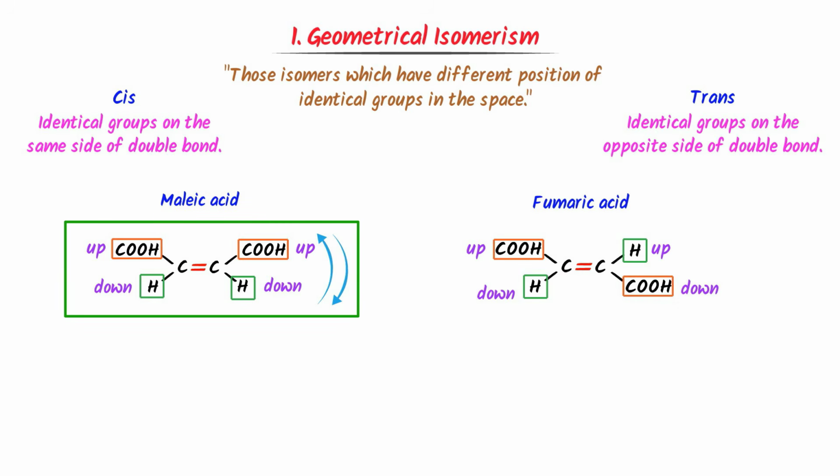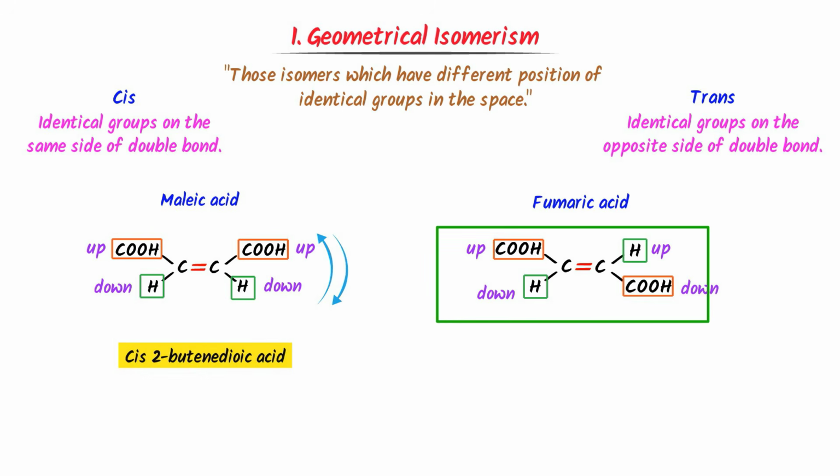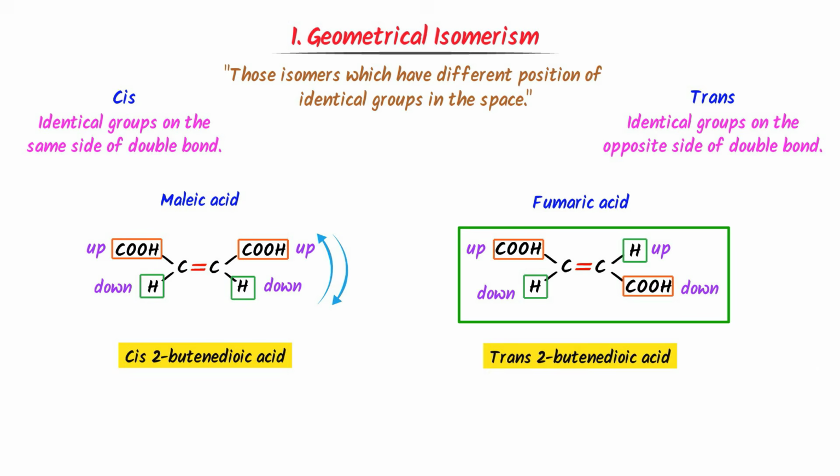In this compound, the identical groups COOH are present on the same side of the double bond. So it is cis-2-butenedioic acid. While in this compound, the identical groups COOH are present on the opposite side of the double bond. So it is trans-2-butenedioic acid.